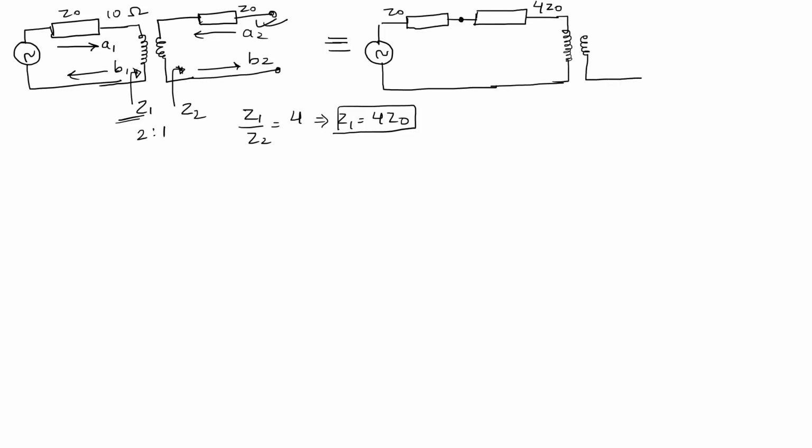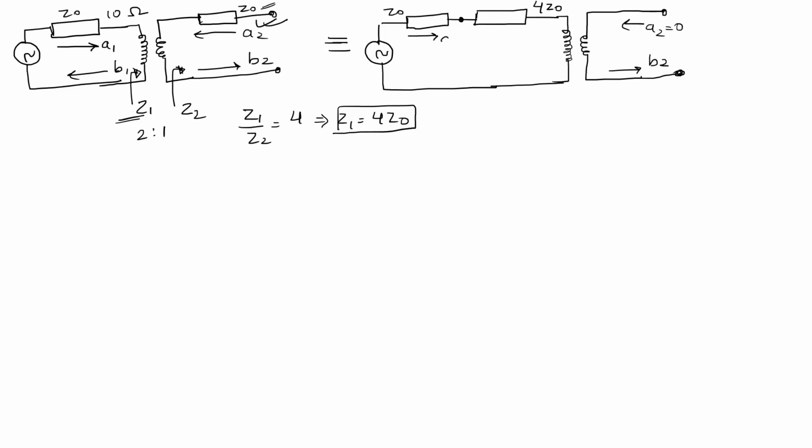So here we have moved out this Z2 or Z0 from the secondary side and drawn the equivalent of that in the primary side, so the A2 parameter is nullified now. And here we have B2.